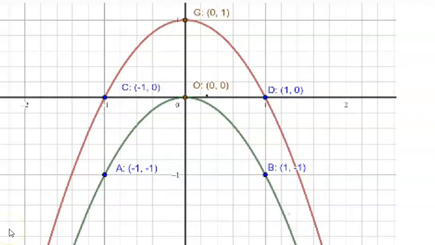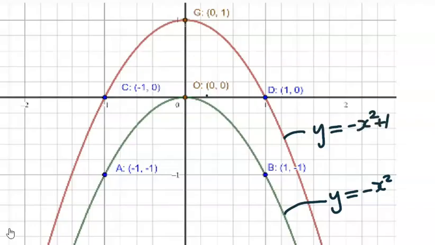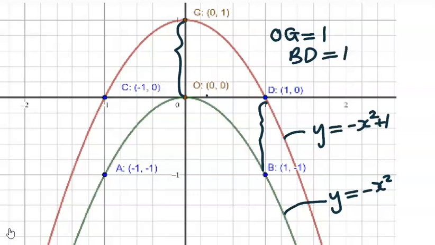If we look at this graph, we see that this is the graph of y equal to minus x squared, and this will now be y equal to minus x squared plus 1. We look at this distance here, we see this is OG, that distance is equal to 1. If we look at this distance, BD, that is also equal to 1.